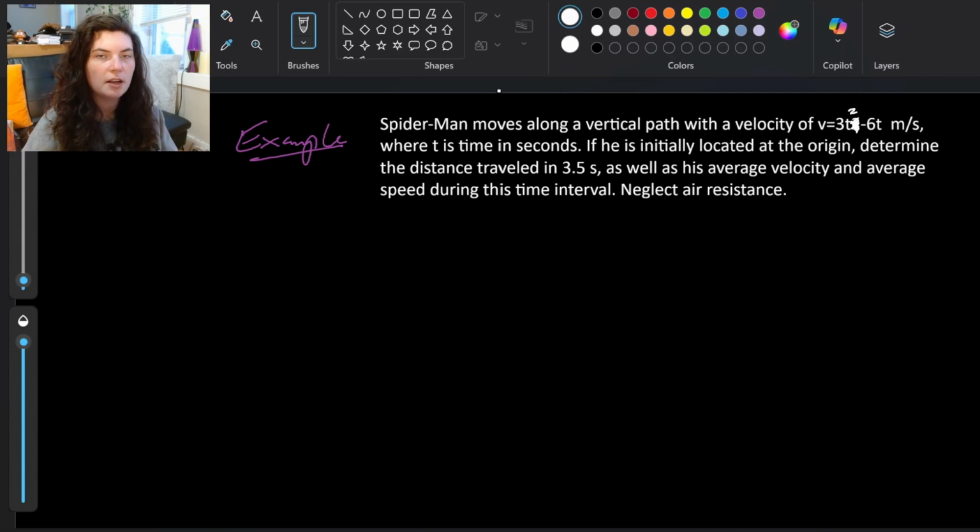All right, so let's talk about what's happening in this problem. Here we have Spider-Man on our vertical path. So Spider-Man, he's moving up and down, moving vertically along a path that is given by v equals 3t squared minus 6t.